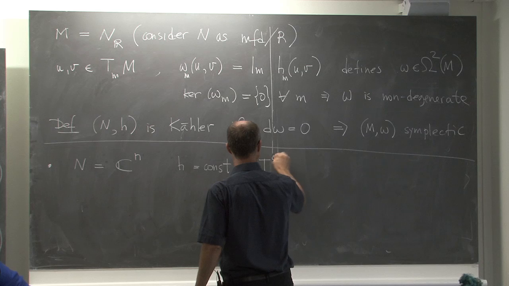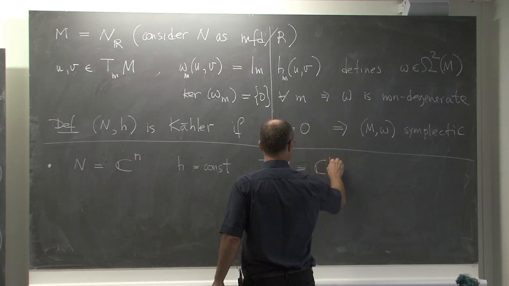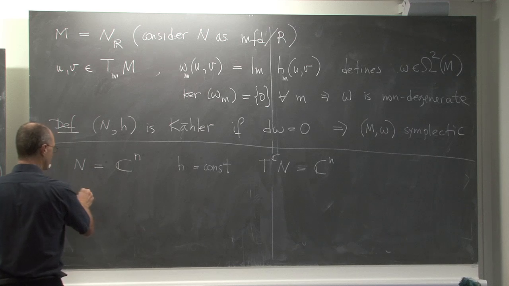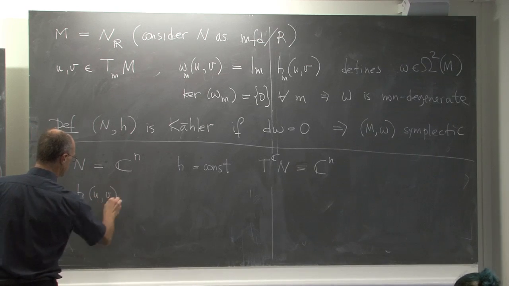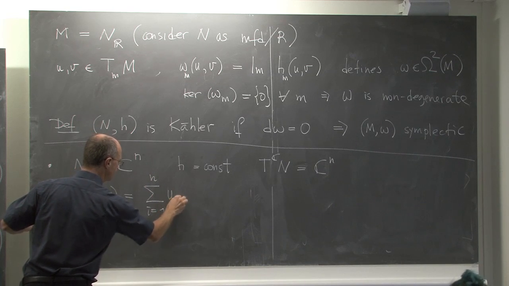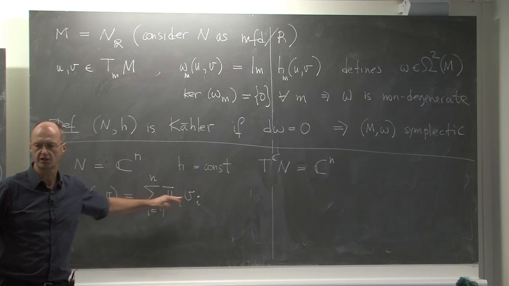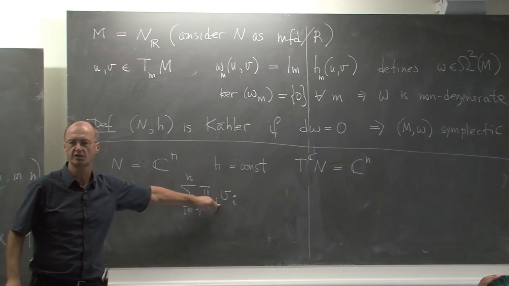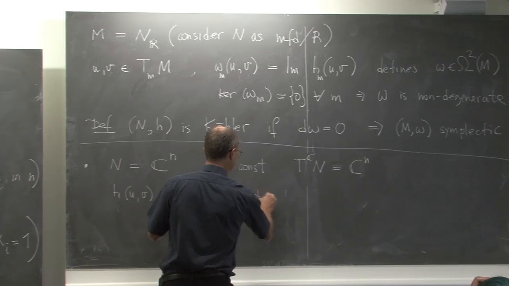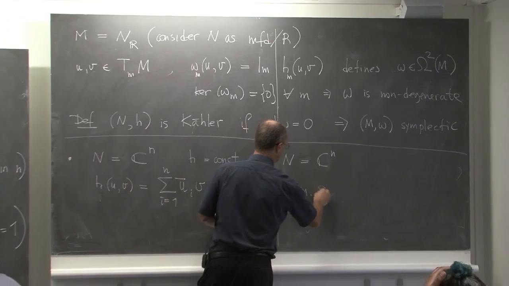Here, of course, T C^n will be identified with just C^n again. And we can say that h(u,v) is simply the standard Hermitian form, with our slightly weird physics-like notation, where the first one is complex conjugated, and the second one has no conjugation. That's the standard Hermitian structure.